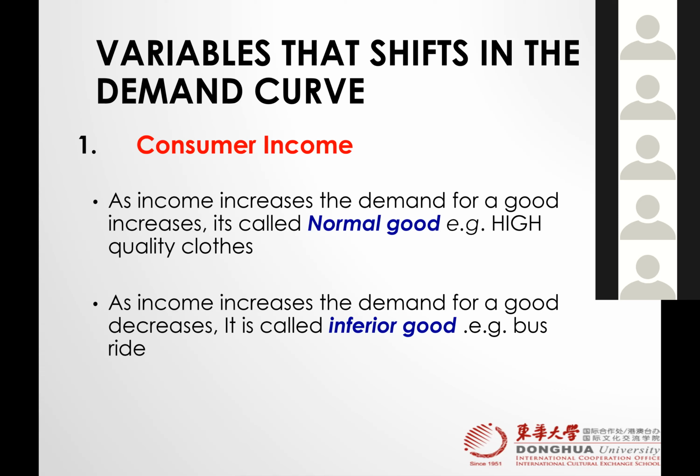It's just a name, okay? And if your income rises, you start consuming less. We call that inferior goods. So don't focus more on this inferior or normal, because that's just economics jargon, okay? It doesn't mean that it is inferior or bad stuff. No, this is just the terminology of this course, right?